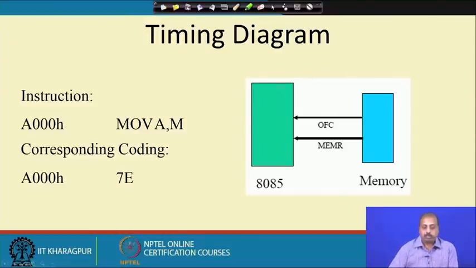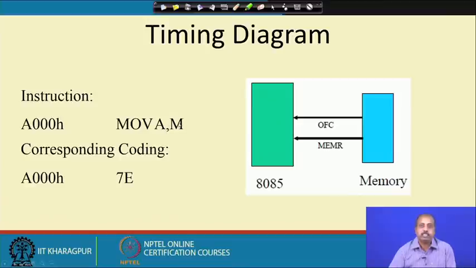Okay. Next we look into the MOV A, M instruction. Basically, I need to access memory, and the address of the memory is available in the HL register pair.